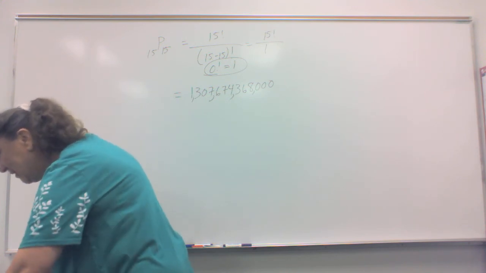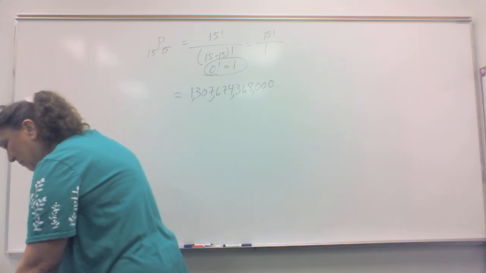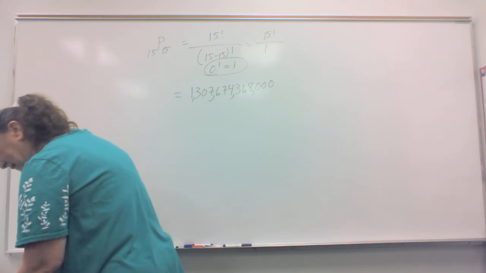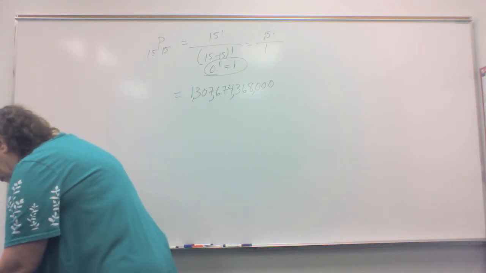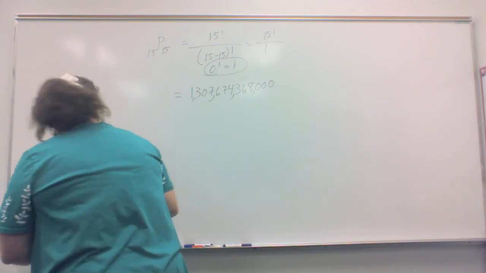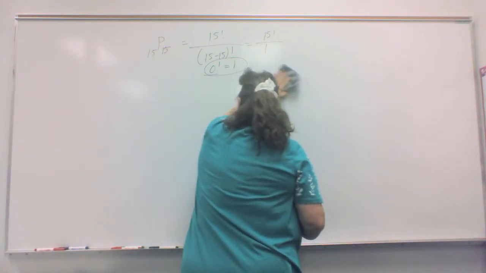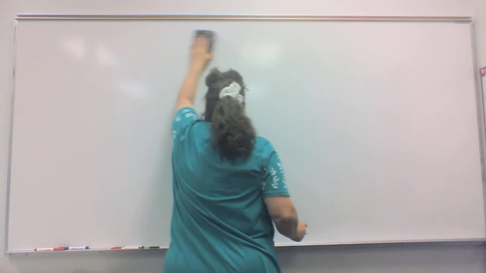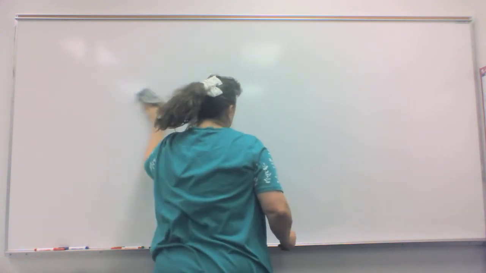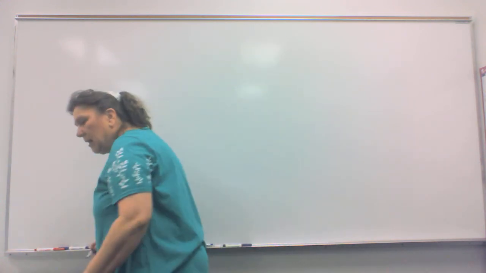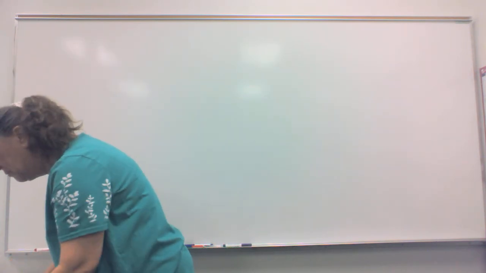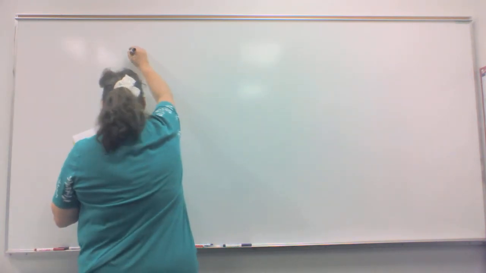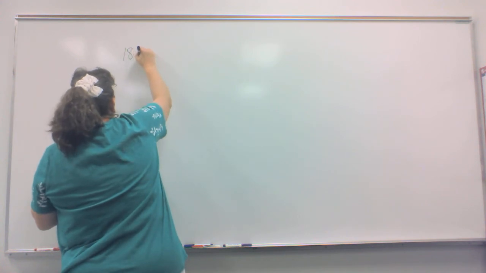Okay, so now let's look for one that deals with a combination. If I can find one. Let me see if I can find one. Oh, here's one. Okay, here's one. How many different sandwiches are possible if there are 18 different toppings?